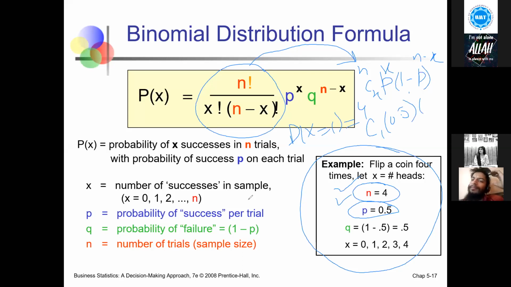Again, 1 minus p, 1 minus 0.5, and the power is n minus x, which is 4 minus 1. Now we solve: 4C1 is 4. Every calculator has the combination option.